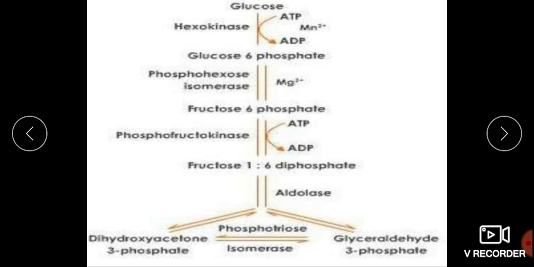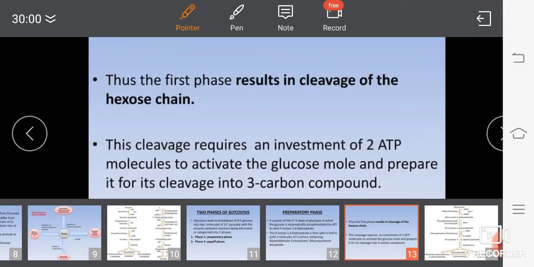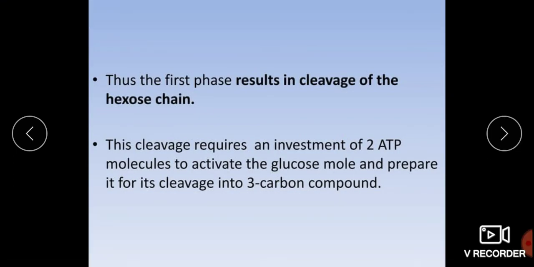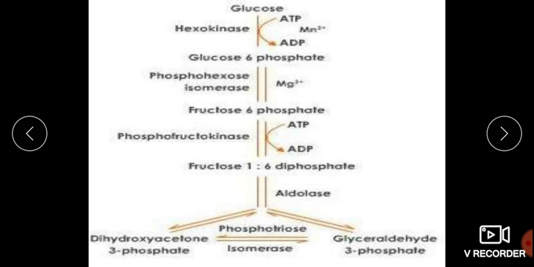And these two compounds are isomers of each other, or interconvertible. The phosphotriose isomerase can interconvert these two compounds. For synthesis of these two compounds from fructose 1,6 diphosphate, aldolase plays an important role.